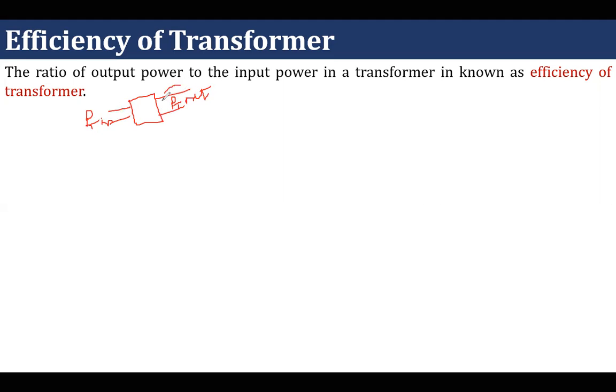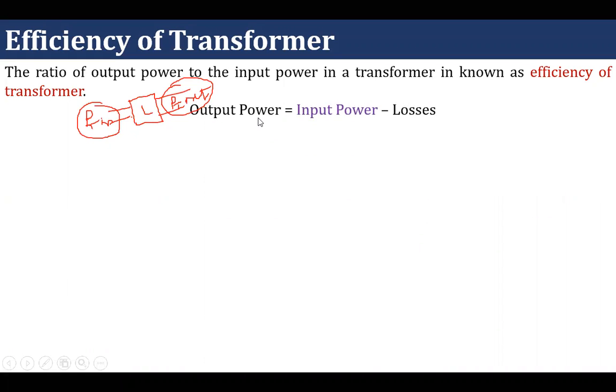So the ratio of total output power to the total input power is known as efficiency, and obviously all practical system has losses within itself, and that's why this total output power will always be less than total input power.